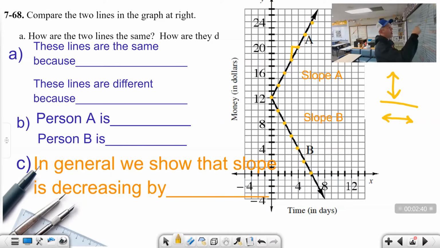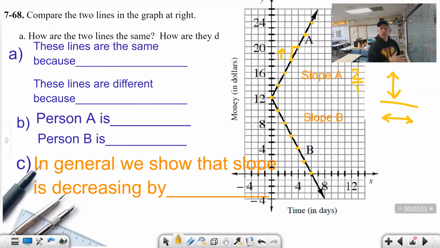So the question is, how much did this go up? Well, line A went up 2, and it went to the right 1. That means the slope of line A is 2/1. Oftentimes we don't include the positive symbols, we just write 2/1.